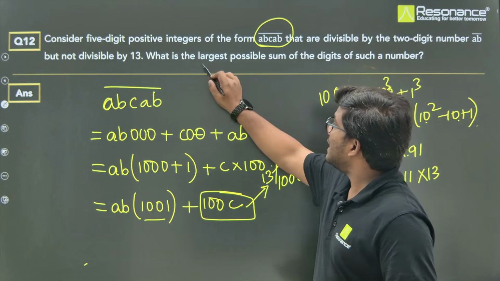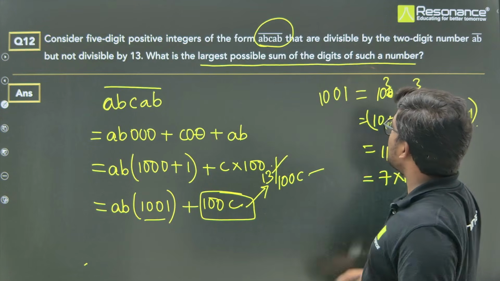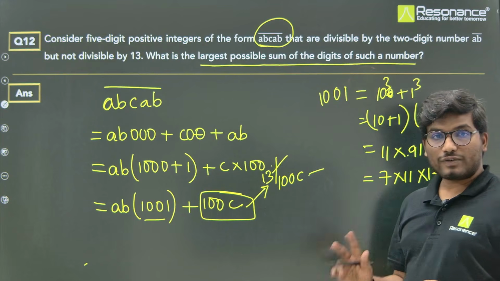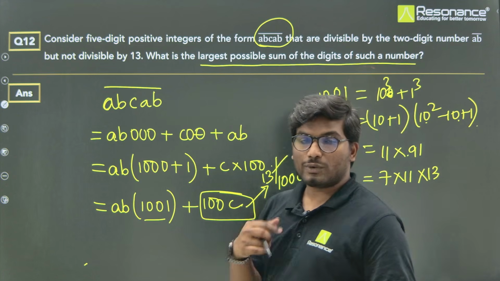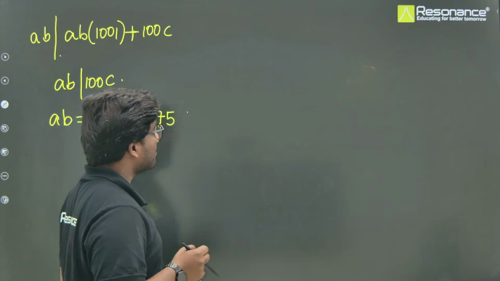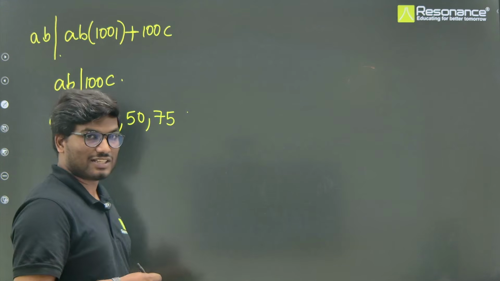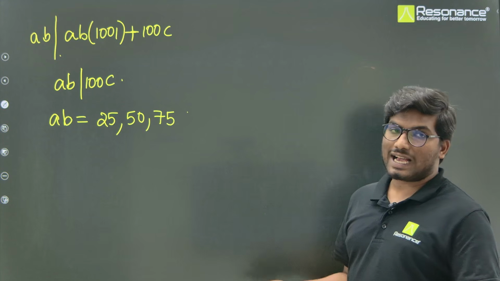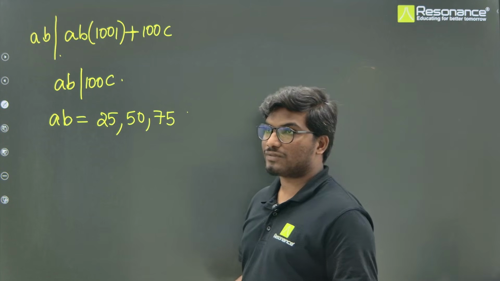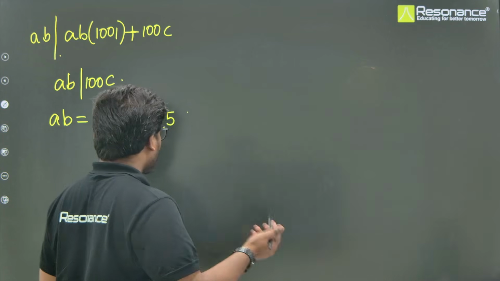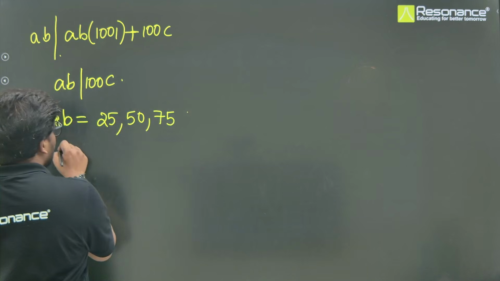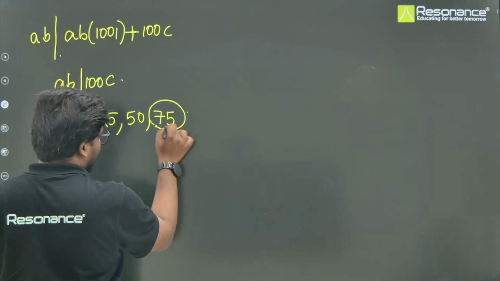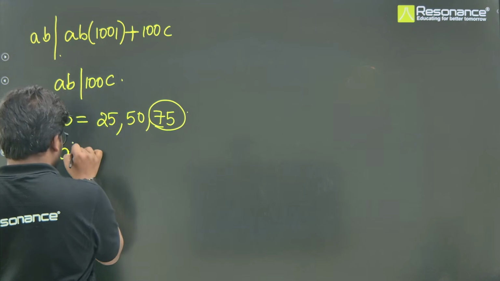Now, what is the largest possible sum of the digits of such a number? So for the largest possible sum, you need to take the number AB in such a fashion that the sum of digits leads to the largest possible number. So in order for that to happen, let's pick AB as 75.